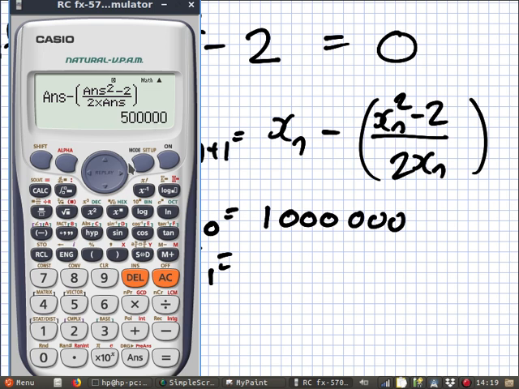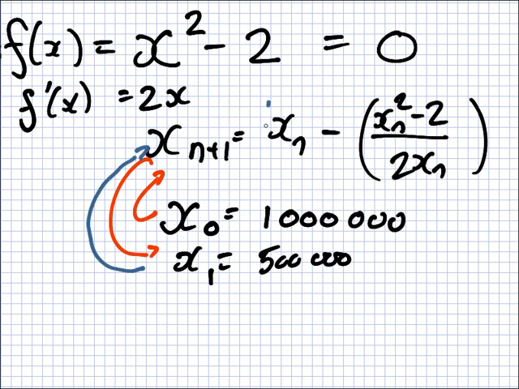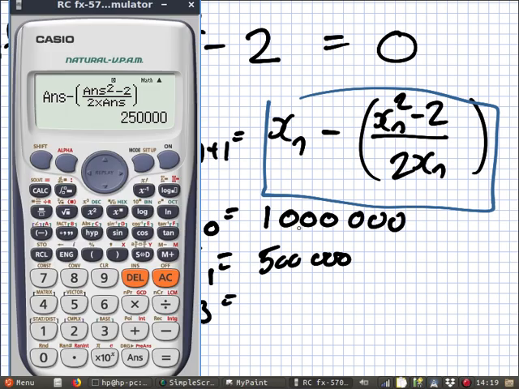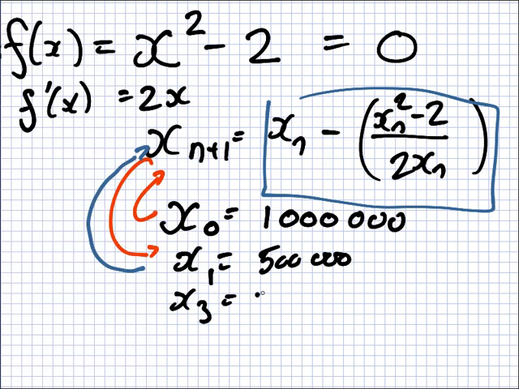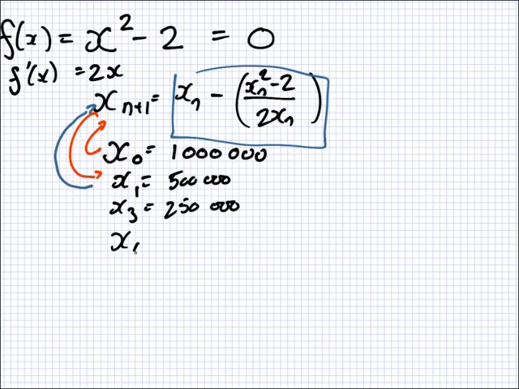I get 500,000. So if I put in 1,000,000, I get back 500,000. Right, let me put 500,000 into this formula and see what I get next. I get 250,000. Let's see what happens next. I put that in, let's see what I get next.